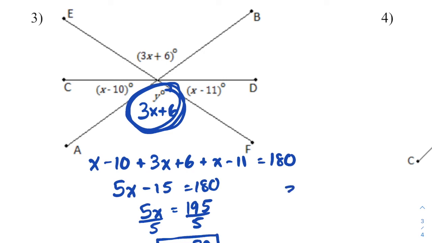So I could say 3 times 39 plus 6 equals y. Okay, and then just solve that out. 3 times 39 is 117, plus 6 is 123. So y is 123 degrees.